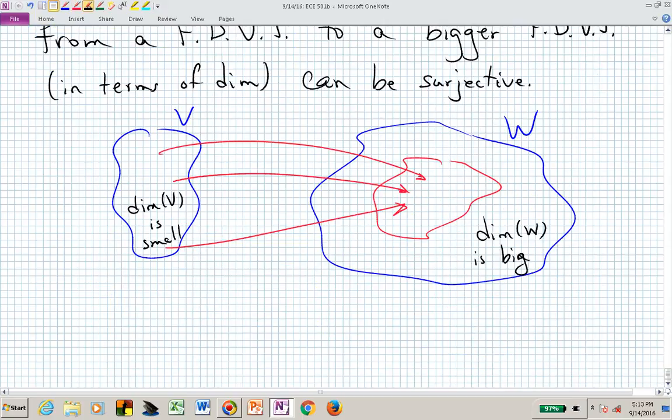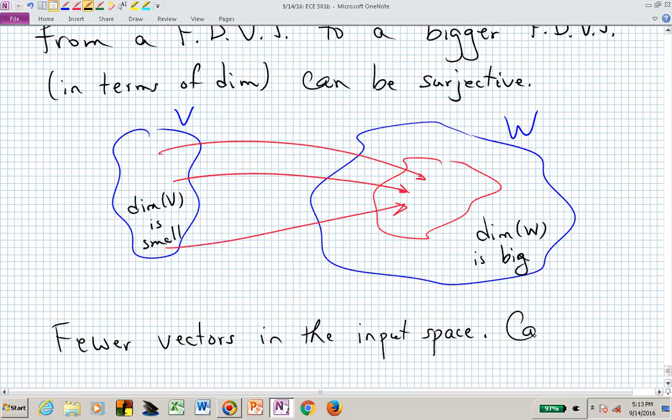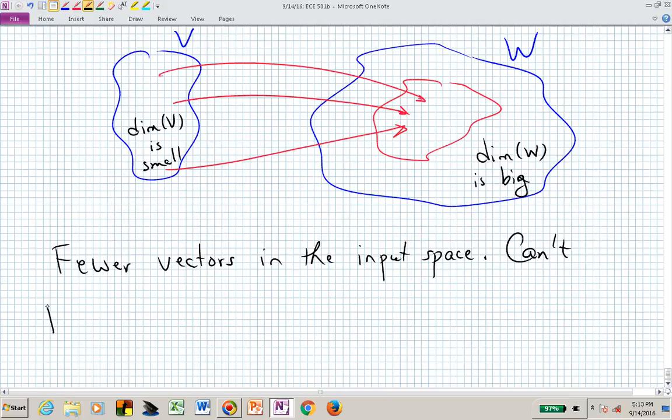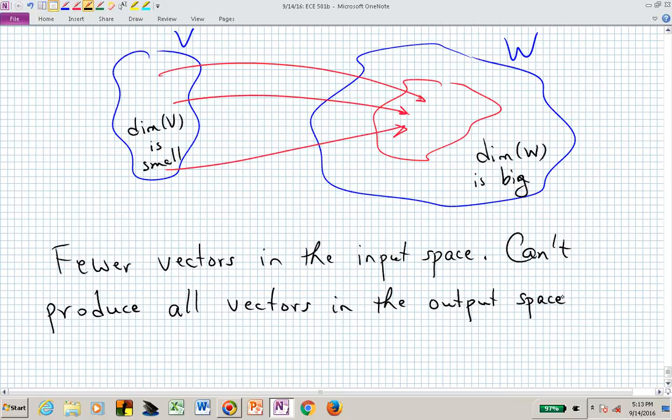There's fewer vectors in the input space. And that means that we can't produce all the vectors that we need to cover the entire output space.